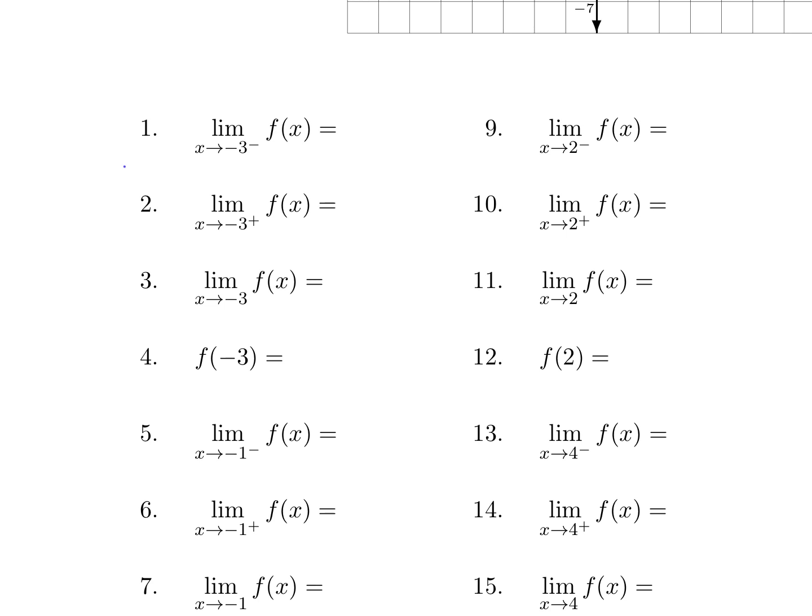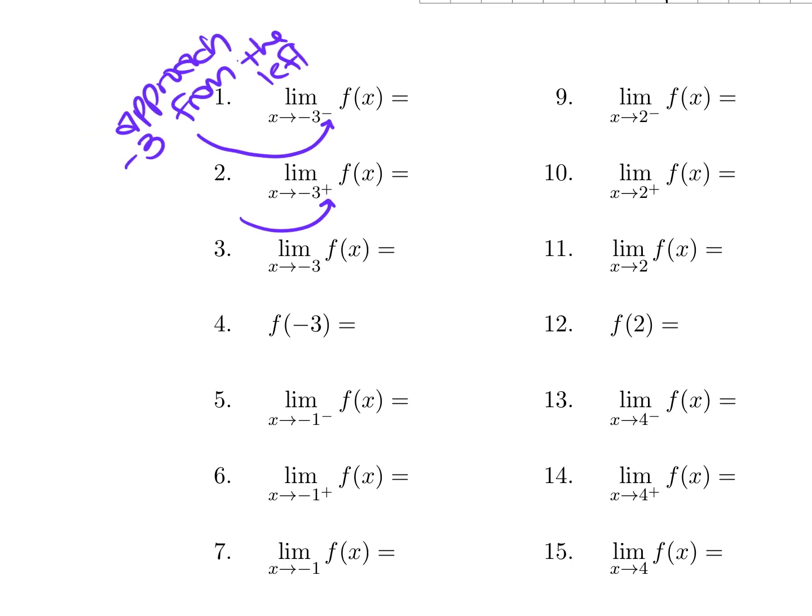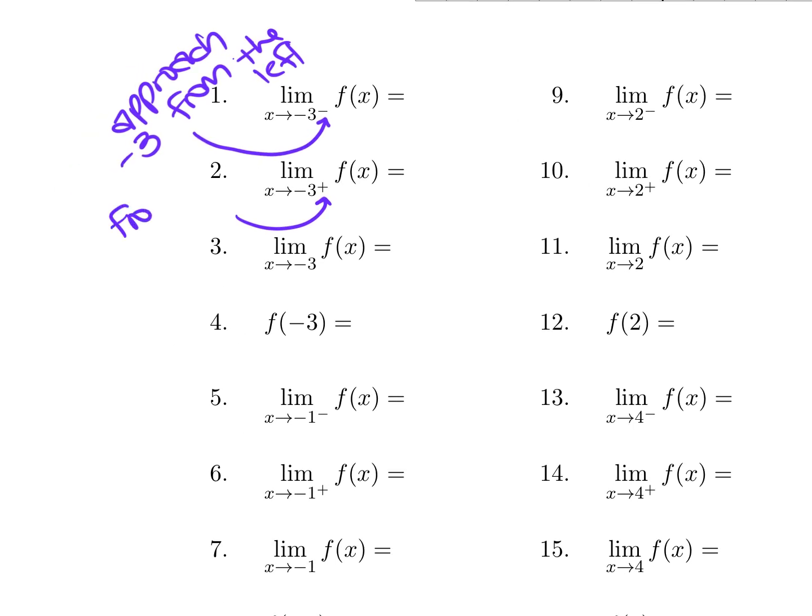That little negative sign means that we are finding the limit as we approach -3 from the left. So that whole tracing thing, this is just breaking that into two pieces. They're asking you to trace the side coming in from the left. And if you can guess, the plus sign means what? From the right.